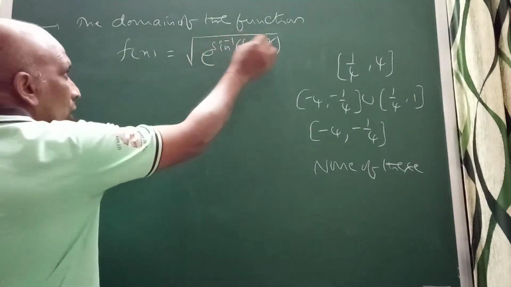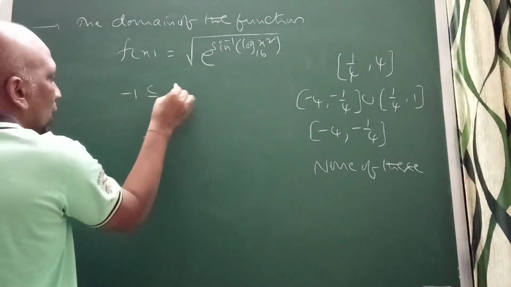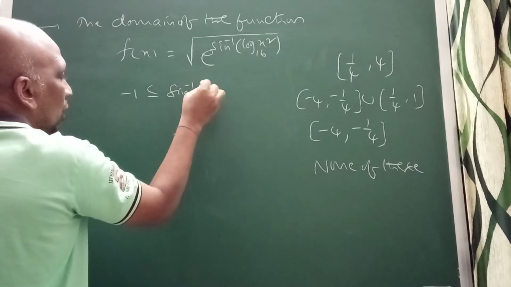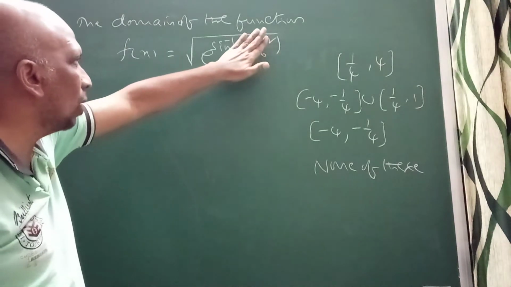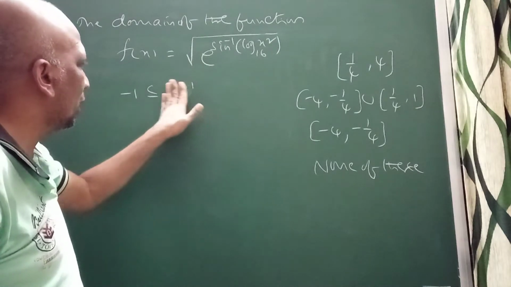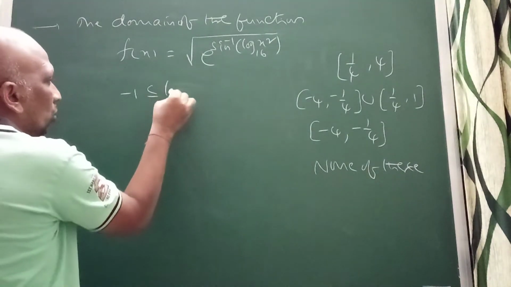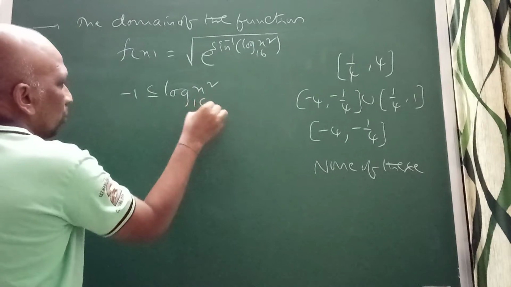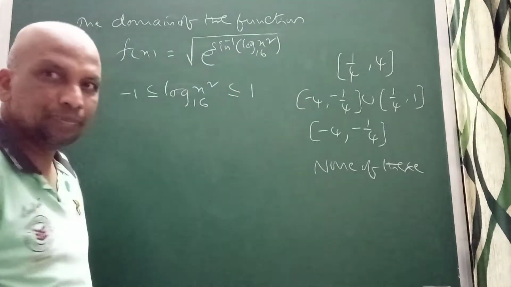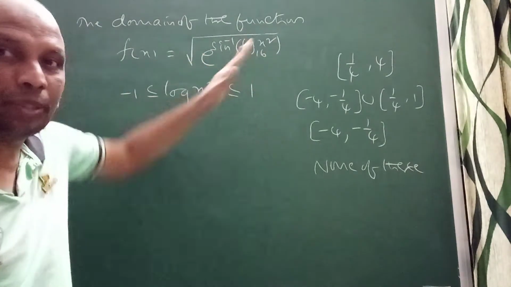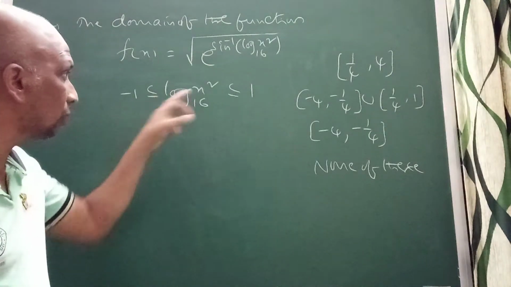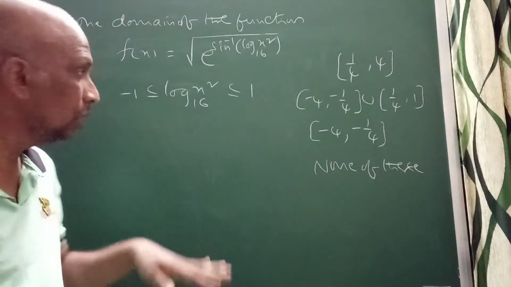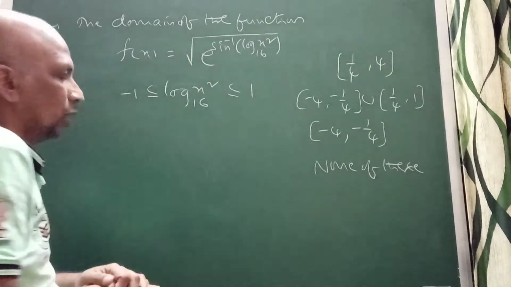Because I can write here -1 less than or equal to log of x square by 16 less than or equal to 1. So this value lies between -1 and 1 because the domain of sin inverse x is -1 and 1, including -1 and 1.